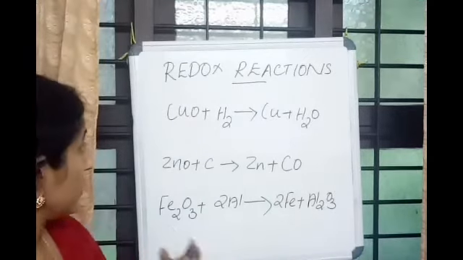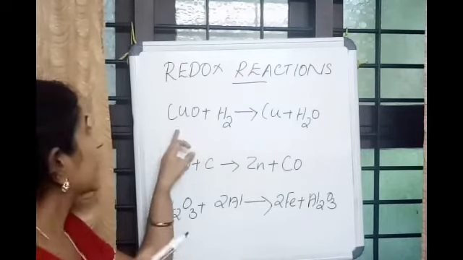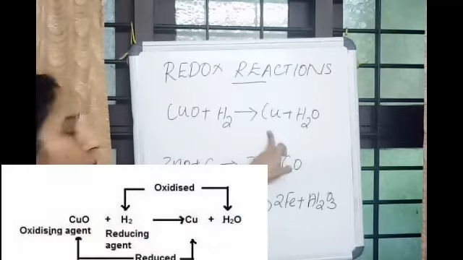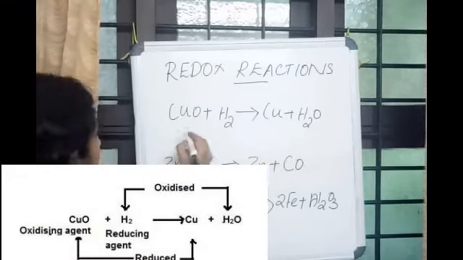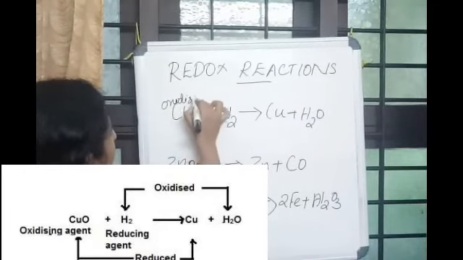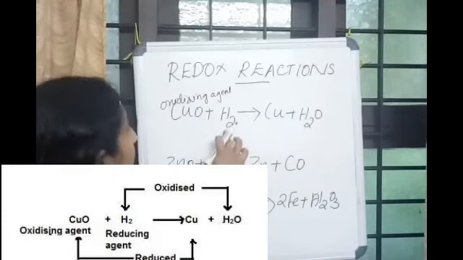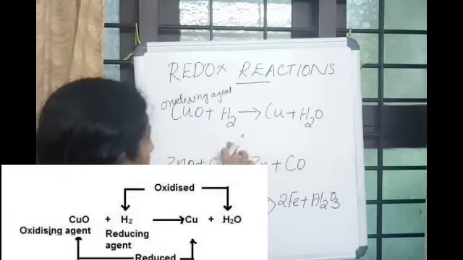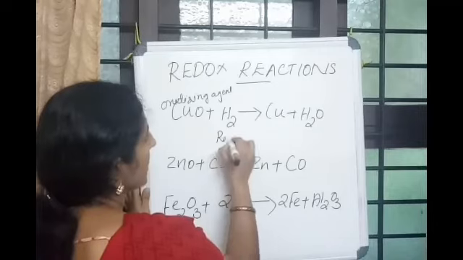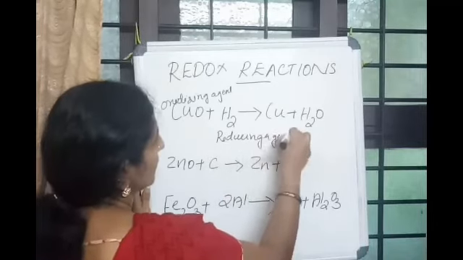Here, copper oxide gives oxygen to form copper, so copper oxide acts as the oxidizing agent. Hydrogen gains oxygen, so hydrogen acts as the reducing agent.